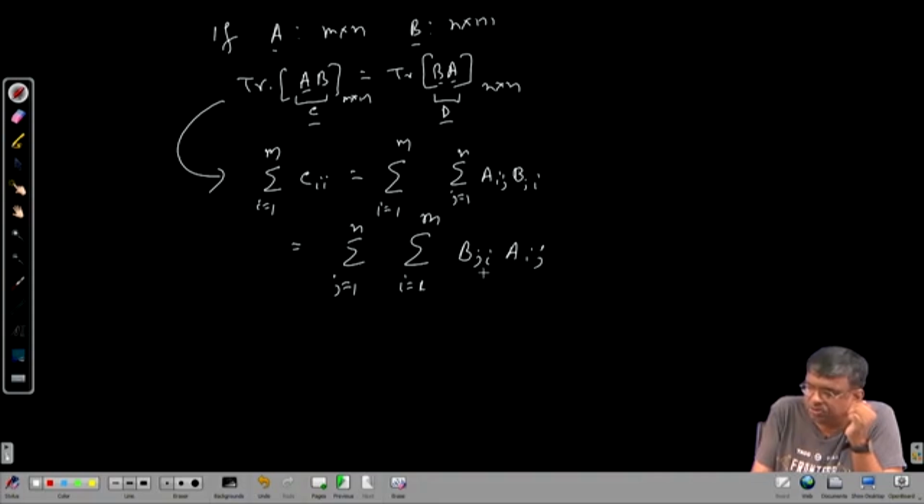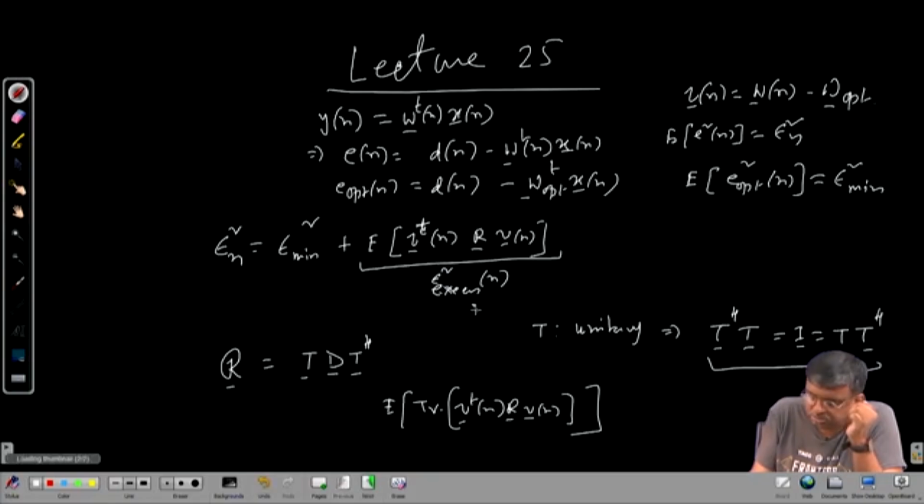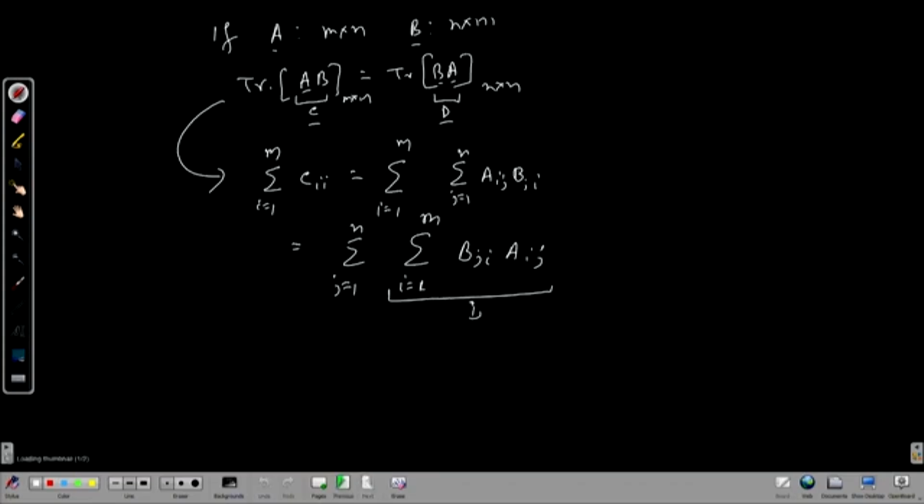So, it is the jth row of B and the jth column of A, they are multiplied, which will give me the (j,j)th diagonal entry of this product matrix. All right. So, it will be D(j,j).